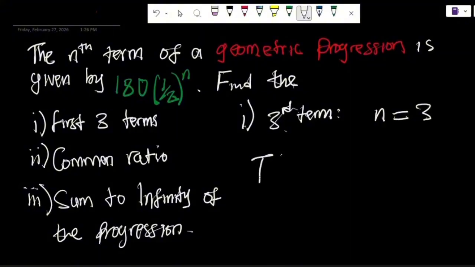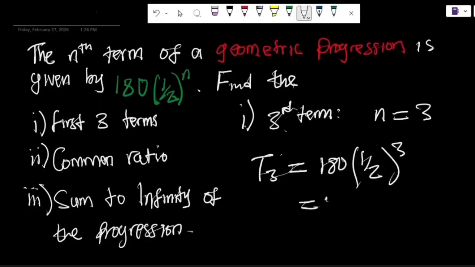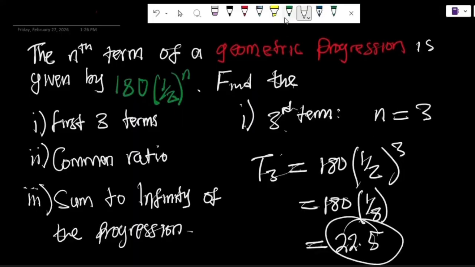We plug it into the expression: 180 times (1/2)^3, which is 180 times 1 over 8. So what is 180 over 8? If you do the math, this gives you 22.5. And so this is the third term.